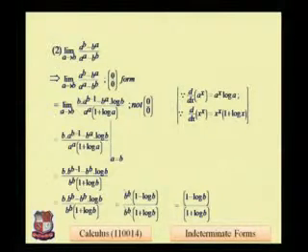Again, next example, as I have told you that sometimes we can also find the limit by using some algebraic manipulation or algebraic operation to reduce the sum or to reduce the lengthy work. We can also directly apply the L'Hospital rule to the given function, which leads to an indeterminate form 0 by 0.